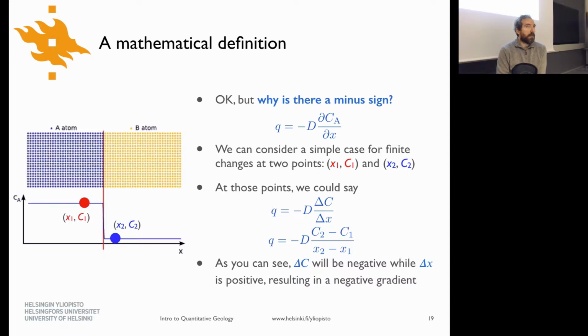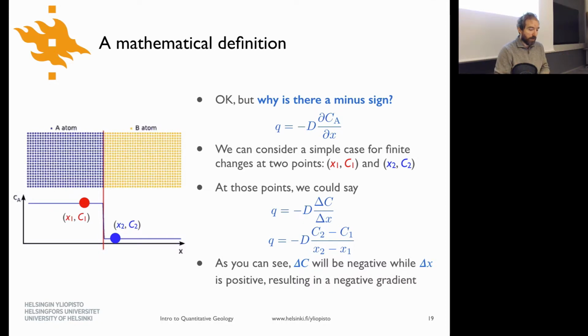x2 minus x1, if we take the difference between those two, positive or negative? Positive, yeah? Because x is increasing to the right, so x2 minus x1 will be positive. So we're going to have here a flux that says minus D times some negative number divided by a positive number, so that's negative for the delta C over delta x term. Then if we take that negative term and multiply by negative D, that gives us something positive.